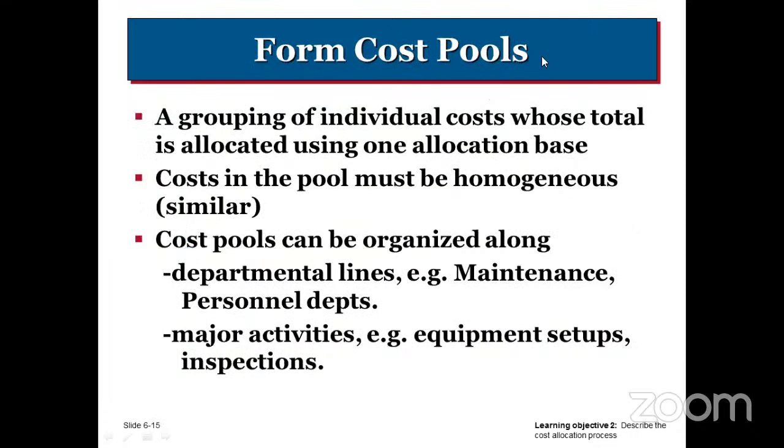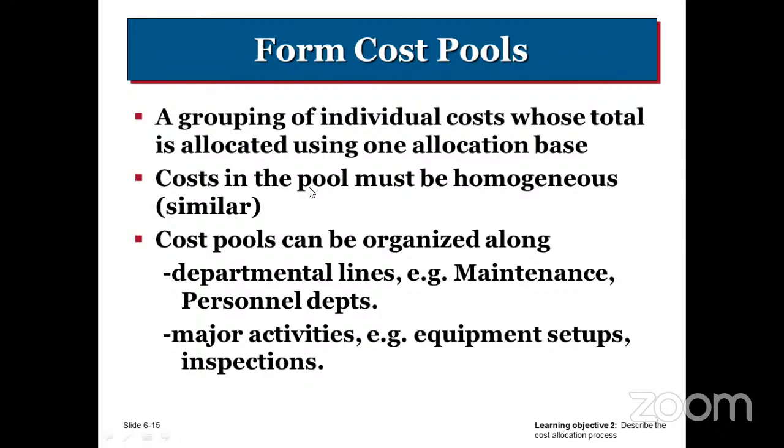Form cost pools. So you need to form all the cost pools. You need to know, because all these things you need to work out in advance, when you do the budgeting or the standard costing, using the historical data you already have, so you really know how much cost is incurred. Most of this cost pool is fixed cost. Mostly it will not change too much because your rent will not change too much.